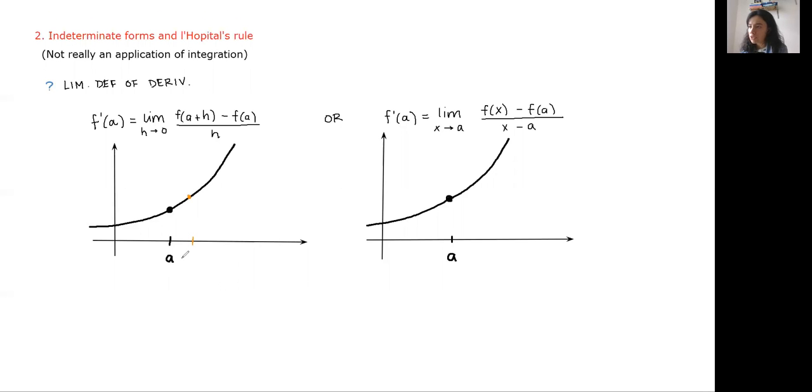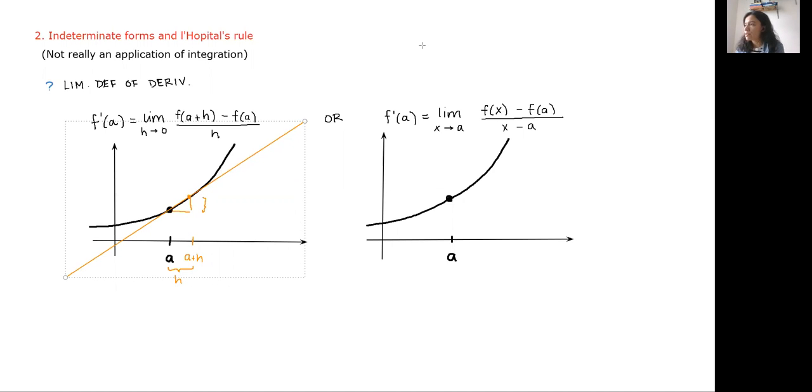And we just said that the distance over here was h, so that this point was a plus h, right? And so what we were looking at was the difference in y divided by the difference in x, because we were trying to estimate the slope, and then this was the tangent line, right? So that means we had something like this.